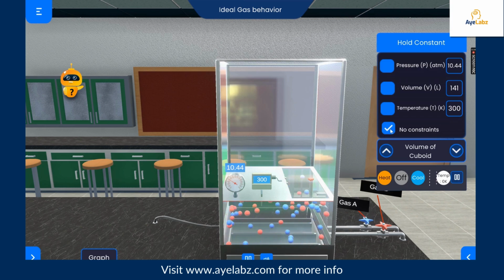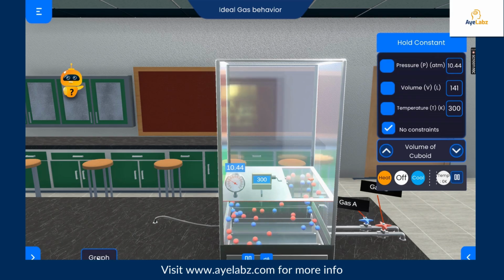Now let me show you how the temperature affects the gas particles. Upon clicking on this low temperature, which is absolute zero, the gas particles become motionless. Upon releasing it, you can see the gas particles are moving.